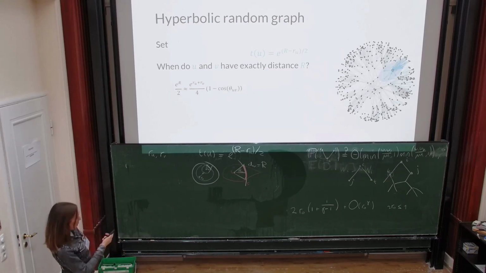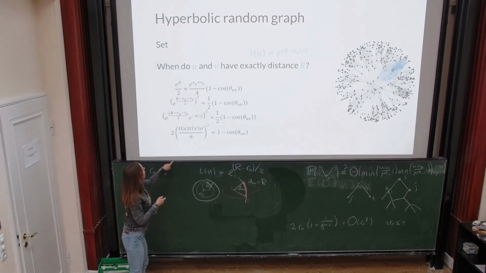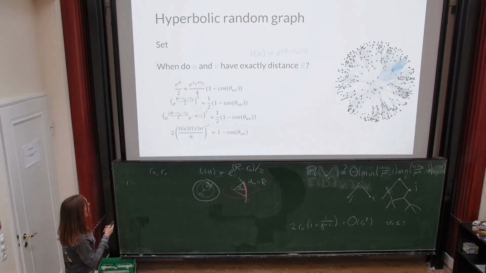Then you're only left with this, which already looks a bit better. Then we can slightly reorganize this. The e to the power RU, RV, we take to the other side. And you can actually write this as e to the power r minus RU minus RV squared.